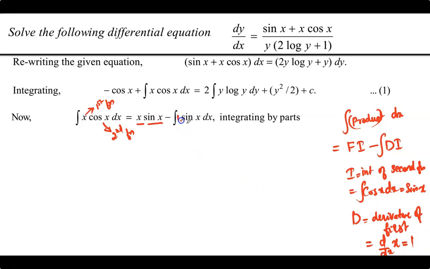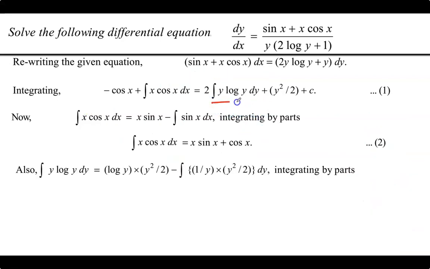So we have 1 into integral of second function, sin x. This will be equal to x into sin x minus integral of sin x, which is minus cos x, or we can express this integral as x sin x plus cos x. So we have evaluated this integral and its value is x sin x plus cos x.